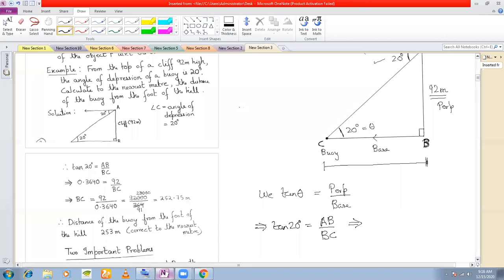Look at the tables. You know how to refer to the tables. Tables will be provided to you in the examination. You will find the value of tan 20, 0.3640. The length of AB is 92 and the length of BC we need to find.